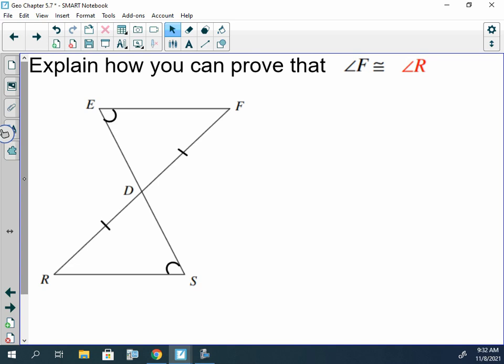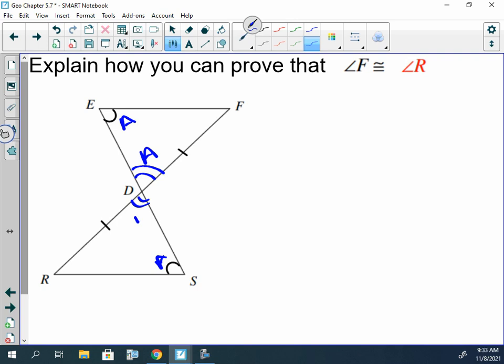Let's look at one more because I feel like y'all have got the hang of this. Yes? So if we look at this one here, because we do have E and S, what other angle do we have? The vertical angles at point D. So we do have these angles, and a side. And are the angles oriented correctly? Because if we look at angle with one, angle with two, and a side.